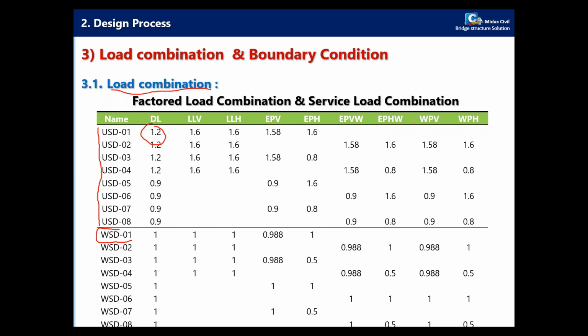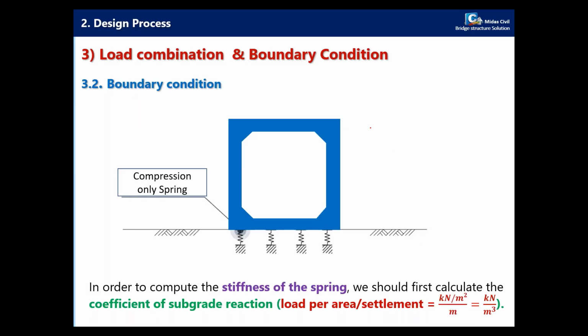We are going to use them in Midas Civil when we are doing the demonstration. For the boundary condition, we used the compression only spring. You need to understand this spring very well; if you use it in a wrong way, you will get an error.